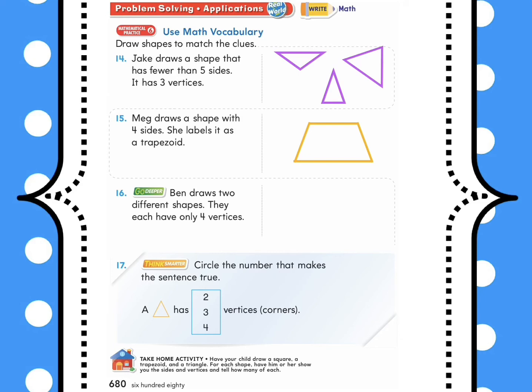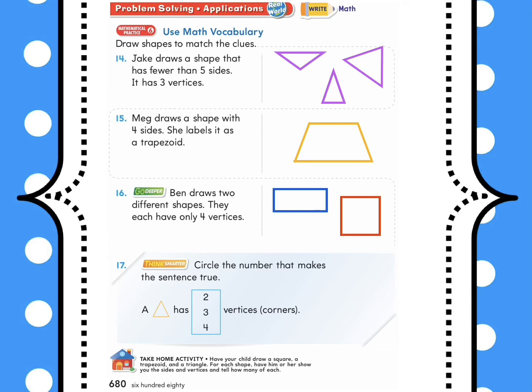Number 16. Ben draws 2 different shapes. They each have only 4 vertices. When they have only 4 vertices, so I can think about the rectangle, the square, or also the trapezoid. Well done.